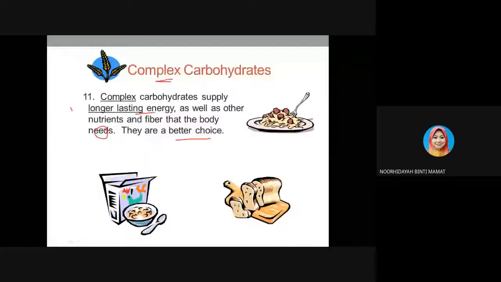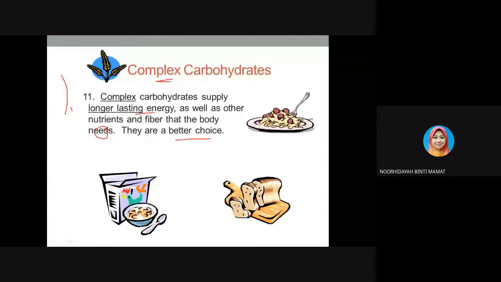Complex carbohydrates are digested more slowly, and also supply a lower, more steady release of glucose into our bloodstream. The carbohydrate is broken down when it is ingested into our body.